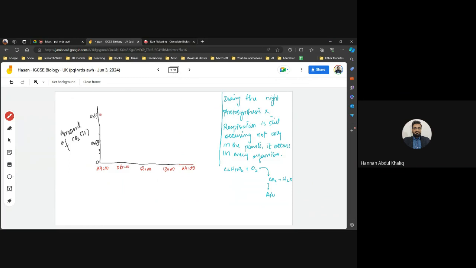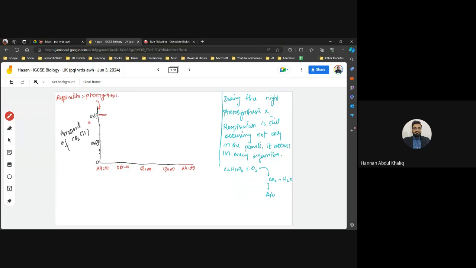So during the night, you know that the amount of carbon dioxide would be highest in the air. Why? At this point, the amount of respiration is higher than the amount of photosynthesis.